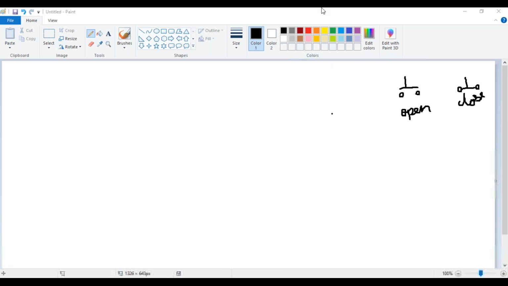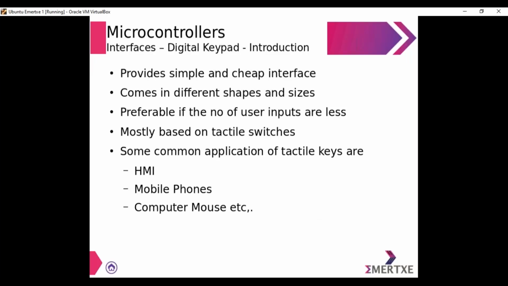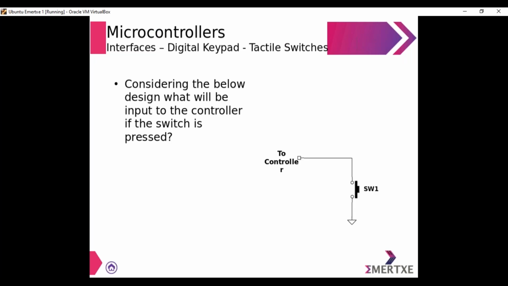So first we will understand how these tactile switches work, and then we will combine them together to form a digital keypad. So initially, to start with, let me take you to this slide. So this is the first way of getting a switch connected.